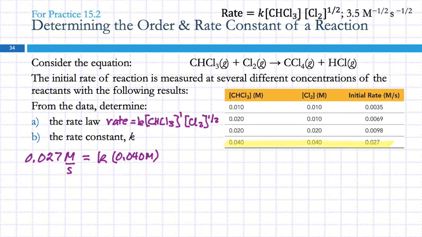If you want to write a 1 there, go ahead. I don't feel like it. And then we need the chlorine concentration raised to the 1/2 power. So 0.040. Whoops, I forgot the unit. Shame on me. Solve for K.